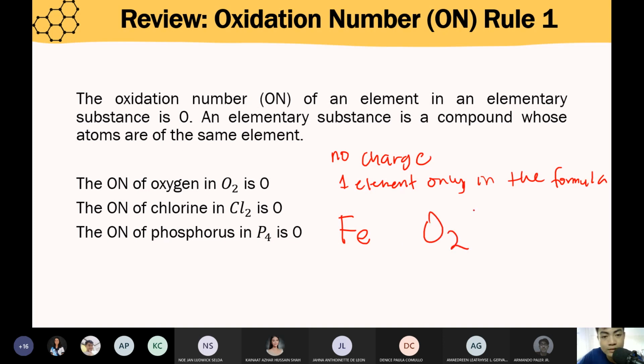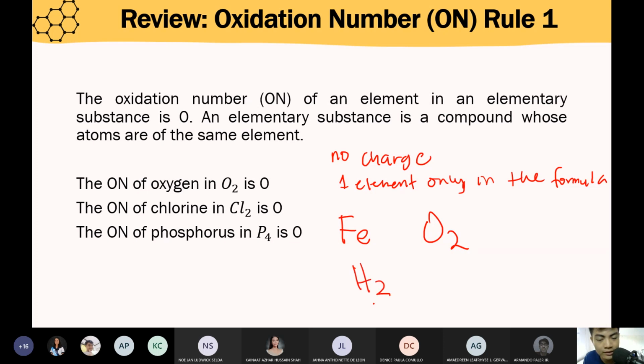O2, this is an elemental state kasi sabi ko nga, walang charge. Wala siyang exponent. And then, iisang element lang yun nasa formula regardless of the number of that element. Pwede siyang O2, pwede siyang O3, basta oxygen lang yun nandyan. That is an elemental state.